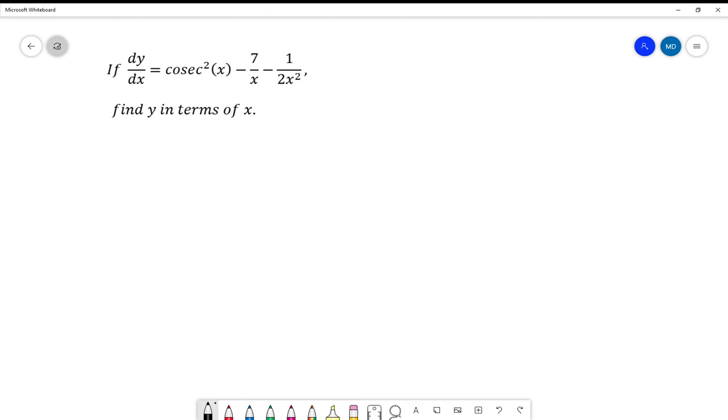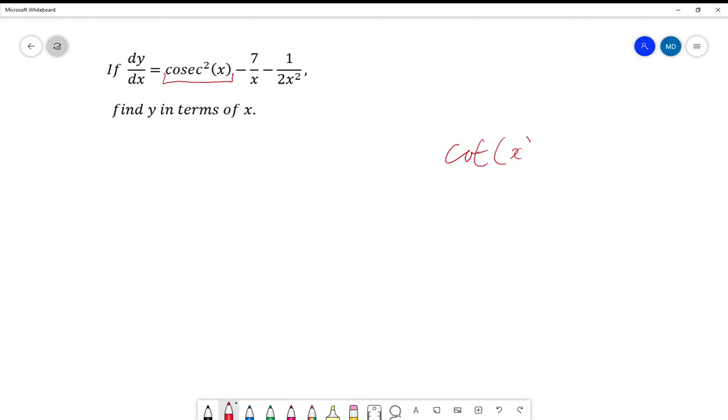We've got dy by dx is equal to cosec squared of x minus 7 over x minus 1 over 2x squared. So what we need to do is consider each one in turn. So cosec squared of x, well, this is a derivative, so we're trying to reverse it. So we need to ask ourselves, what would differentiate to cosec squared of x? And the answer is cot of x. I've written cosine there.